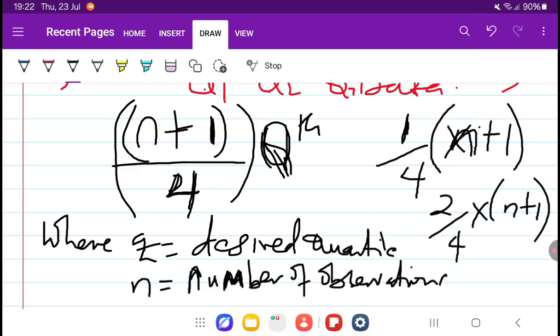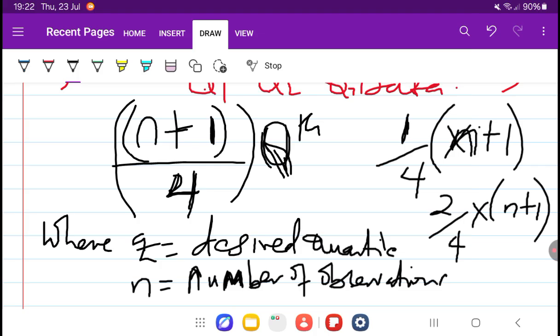It's a position value. In other words, quartiles are positional and absolute. Whichever value we compute from here will give us the position where we are supposed to pick the value.